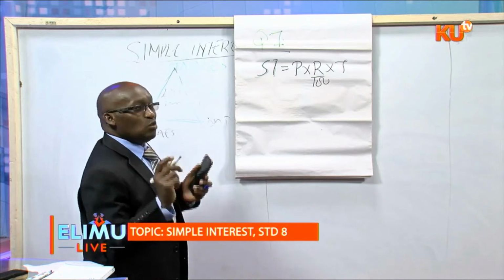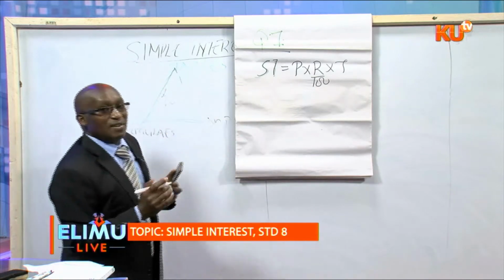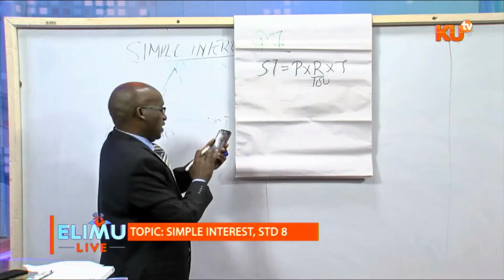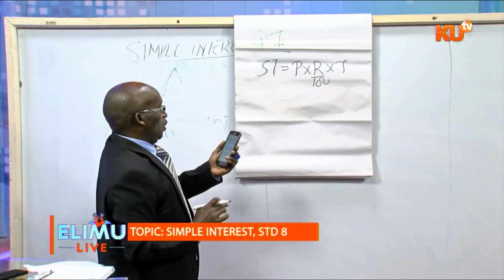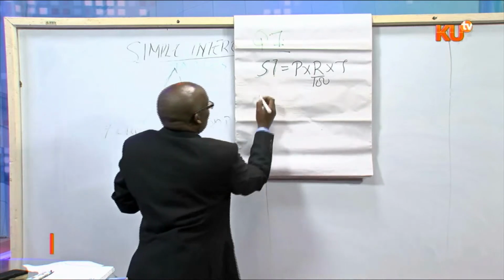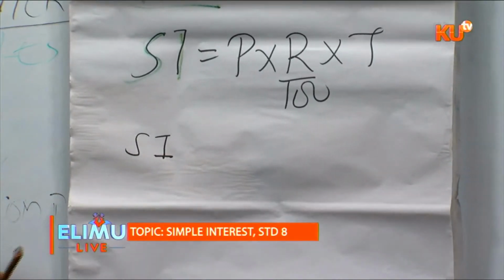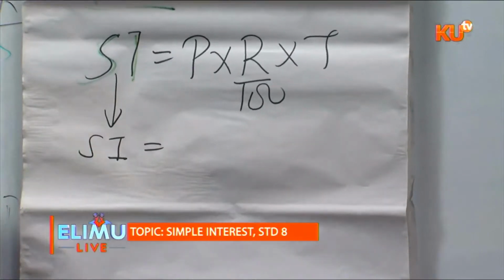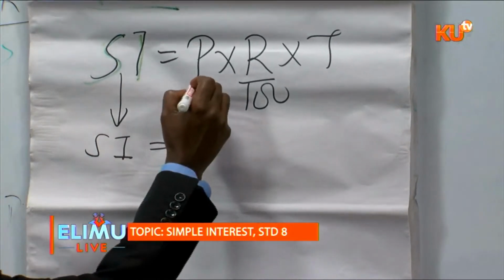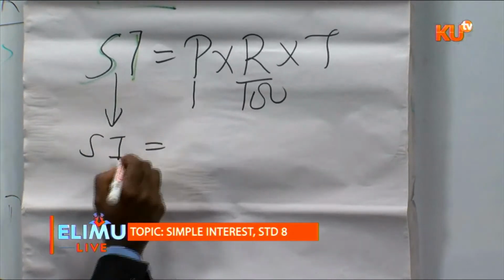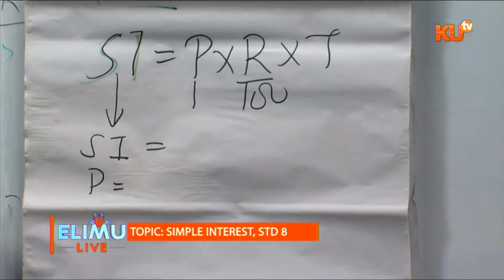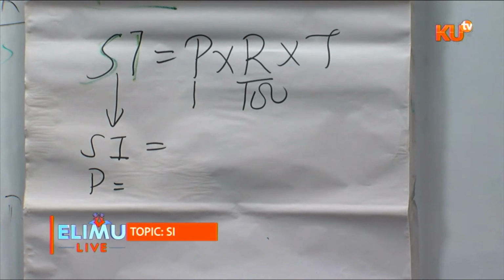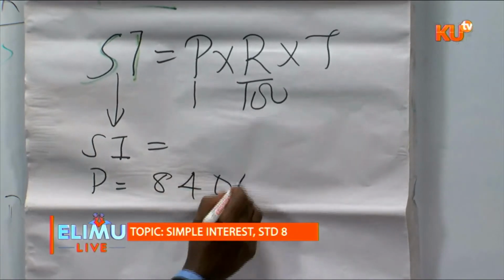So what you need to ask yourself, according to the formula that we have, is in this particular question, do you have the simple interest? The simple interest is not given. Number 2, is the principal given? The principal, remember, is money borrowed or money deposited. The principal is given as 84,000.